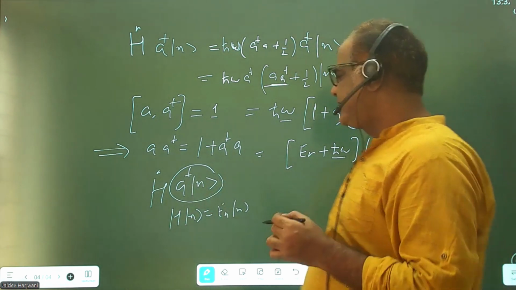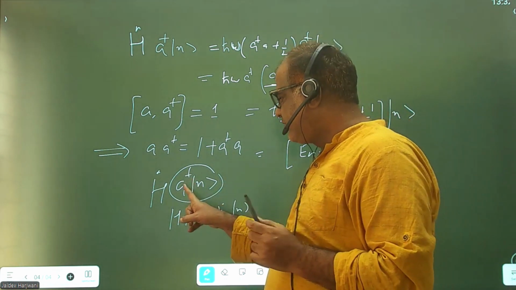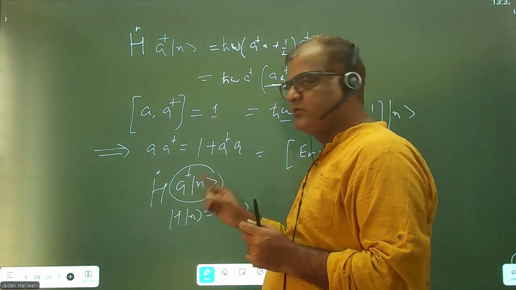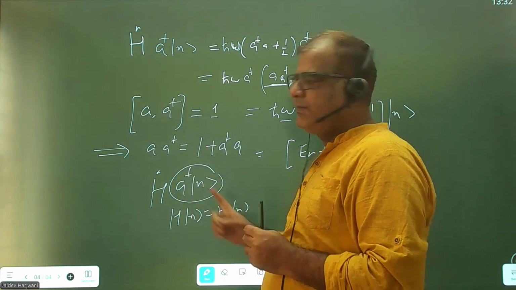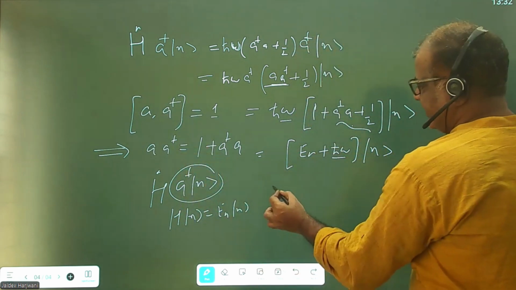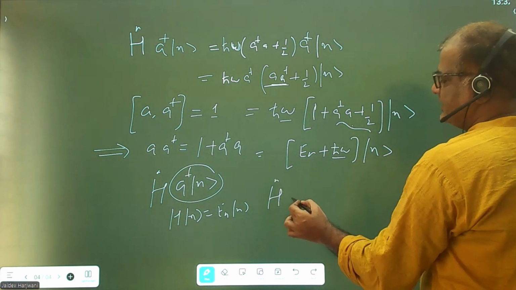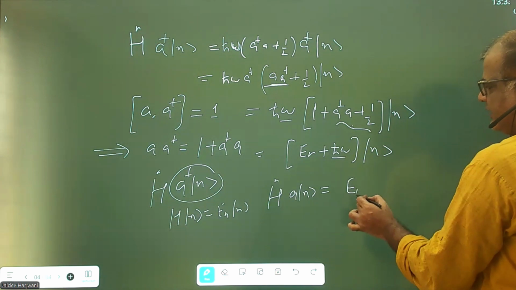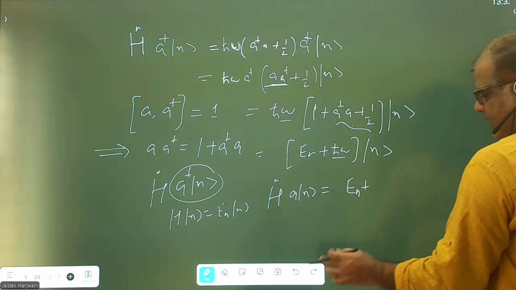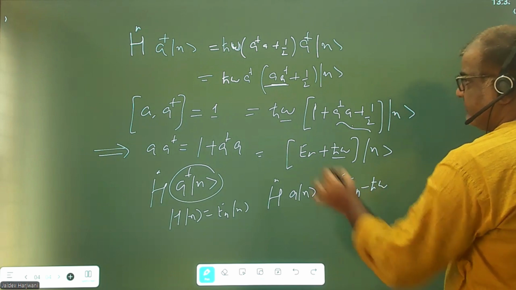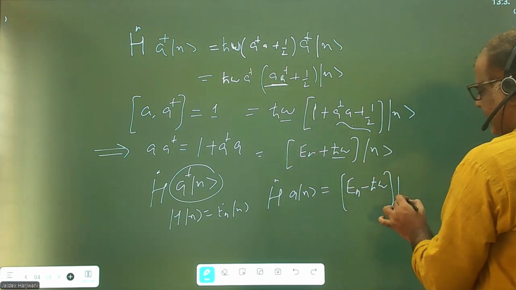This suggests that the operation of a dagger on n changes it to the next state, that is, the n plus 1 state. Similarly, I can also show that when the Hamiltonian operates on a n, the eigenvalue becomes En minus ħω.